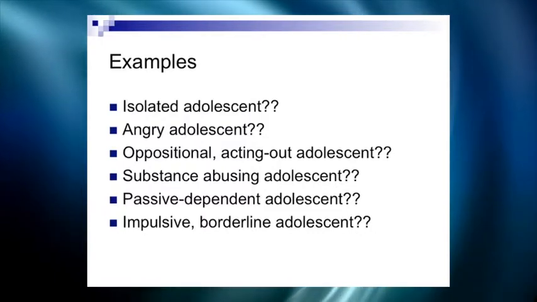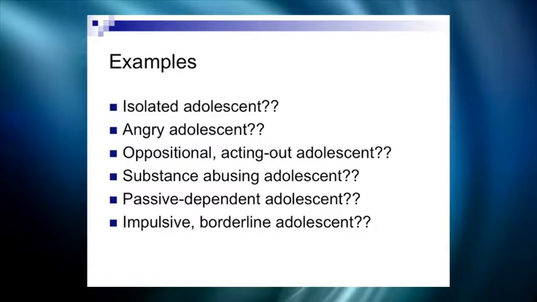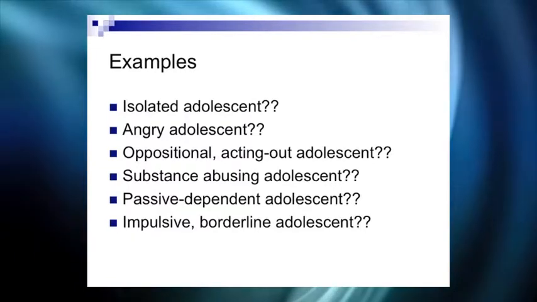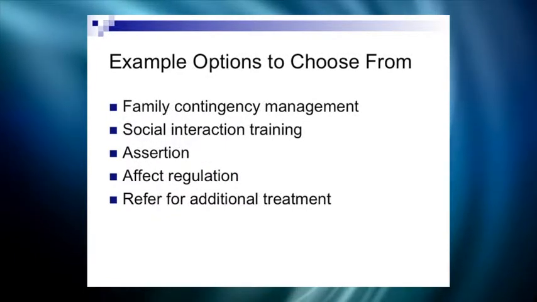I would prefer to get them substance abuse treatment and urine screens. If it's a passive dependent adolescent, maybe you're going to need to do assertiveness training. If they're impulsive or borderline, you're going to have to do affect regulation, okay? And these are some of the family options which I mentioned, examples of options to choose from.